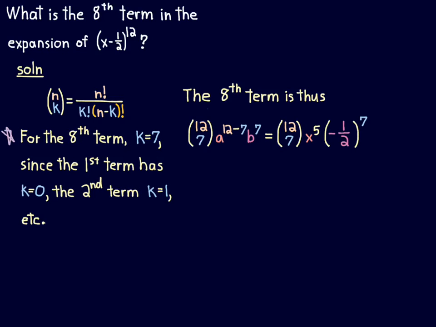And now I'm writing in what they actually are. A is just x. I just wrote, 12 minus 7 is 5. I changed a to x. But b is negative 1/2. You have to take the minus, think of it as plus and negative. The b is negative 1/2.